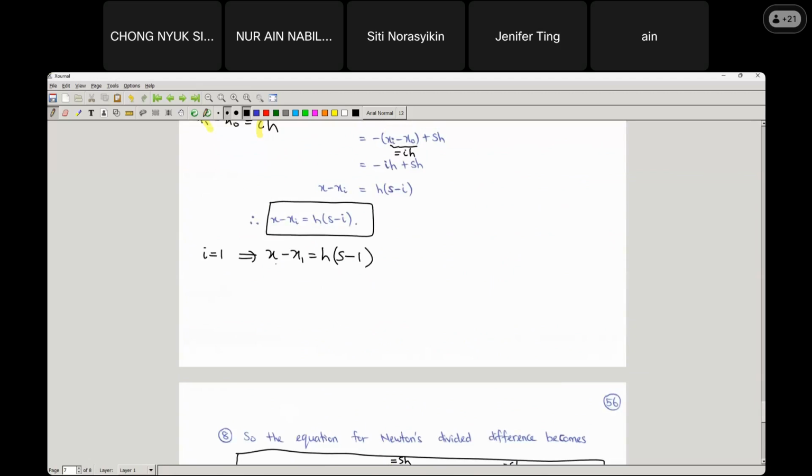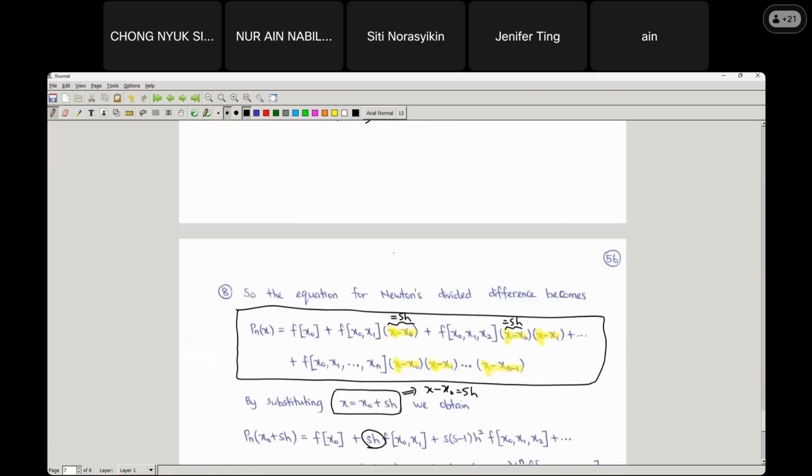So we substitute x minus x1 equal to h times (s minus 1) into the formula. This is how we get it. So you see, sh times h(s minus 1).